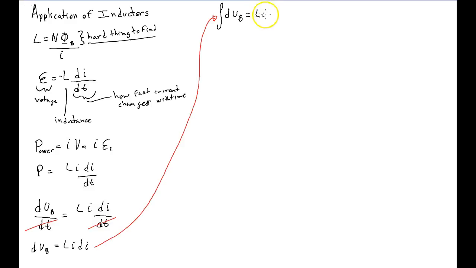I squared over 2, right? So here's the energy stored in the magnetic field of an inductor.